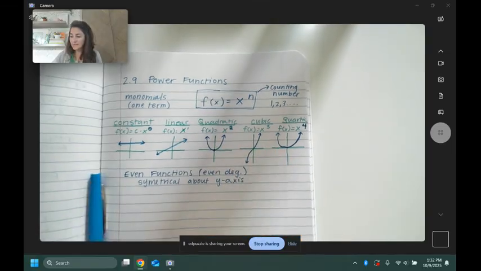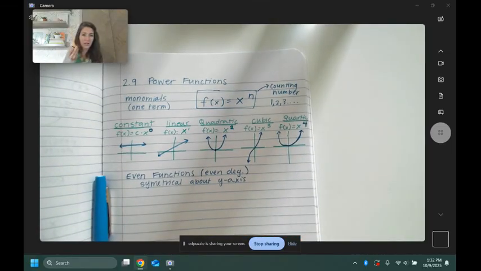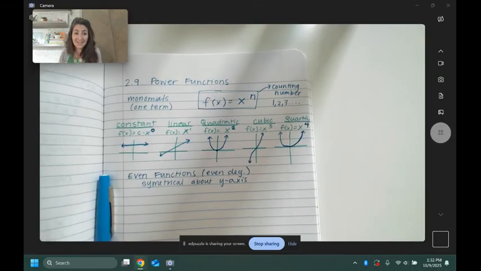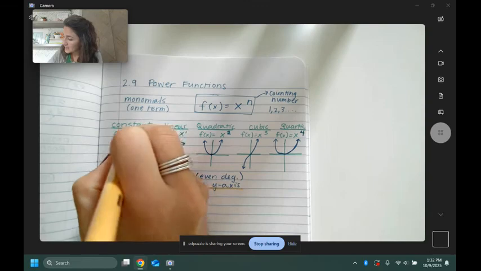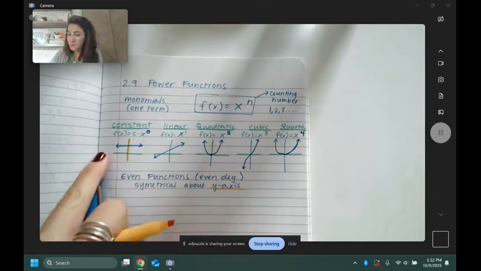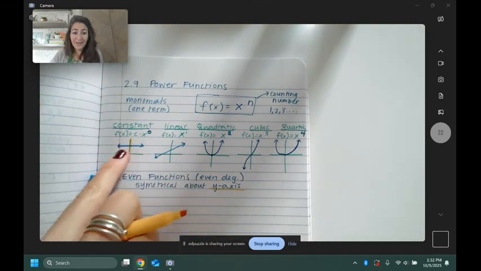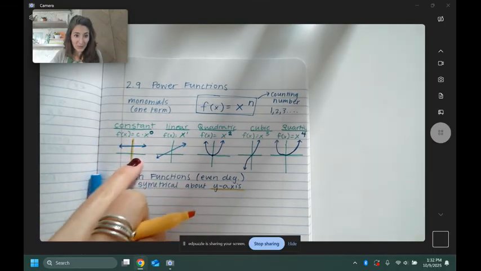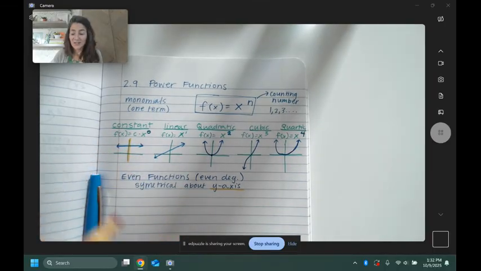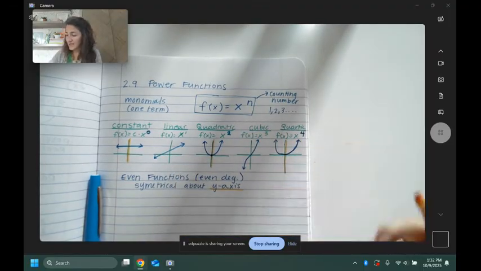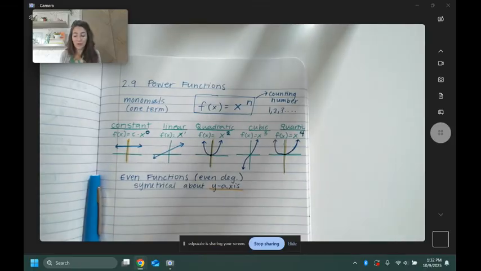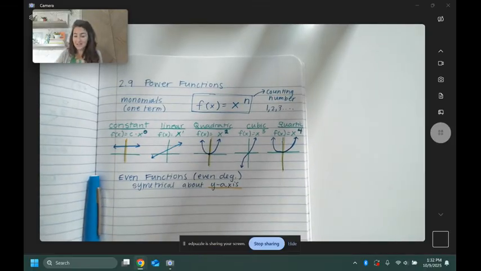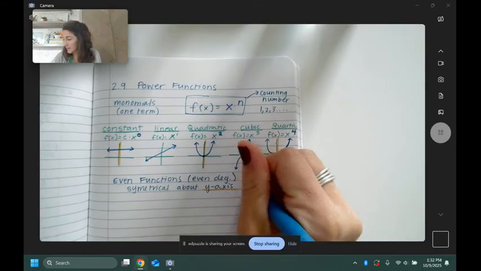So take a look at these. I'm going to draw with a highlighter the y-axis, the line of symmetry. So that's right here. If I were to fold this graph right in half and crease it on this orange line, these two sides would land on each other. Same with quadratic, same with quartic. Even monomials are symmetric about the y-axis.